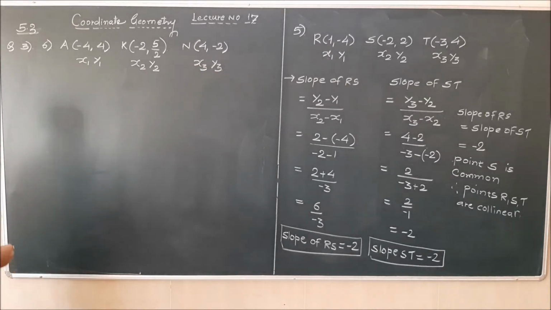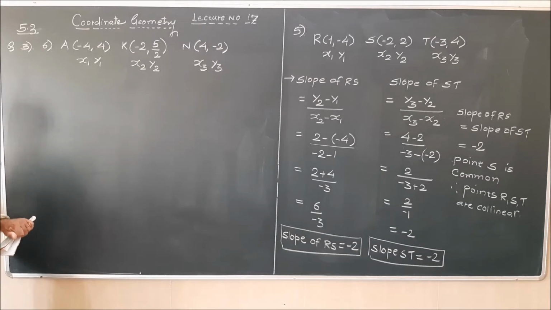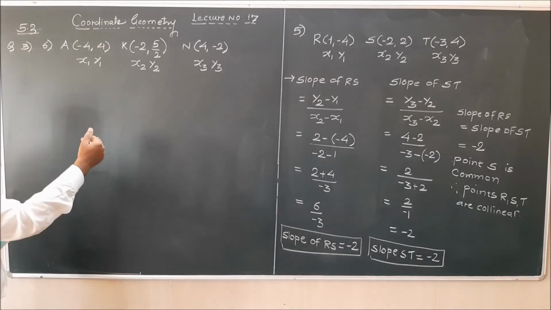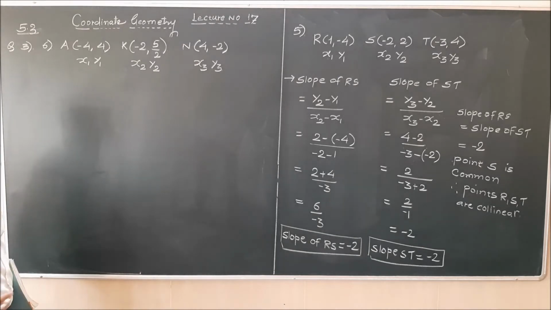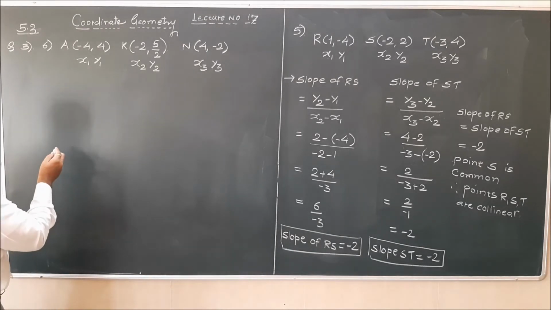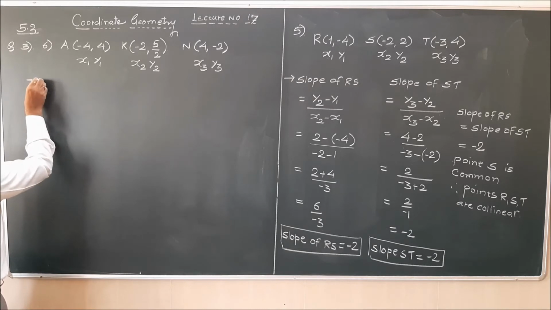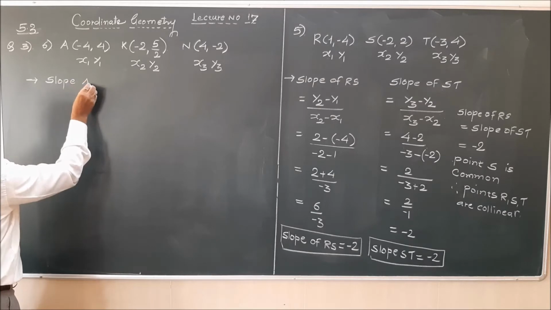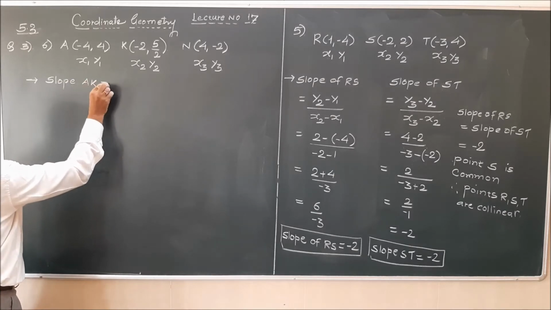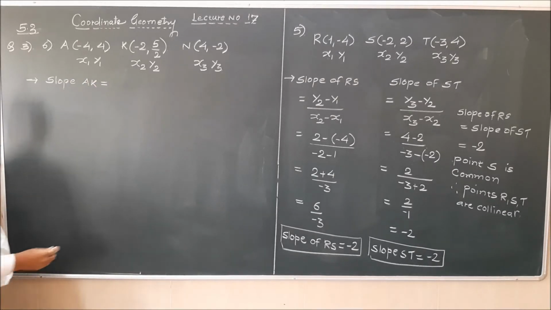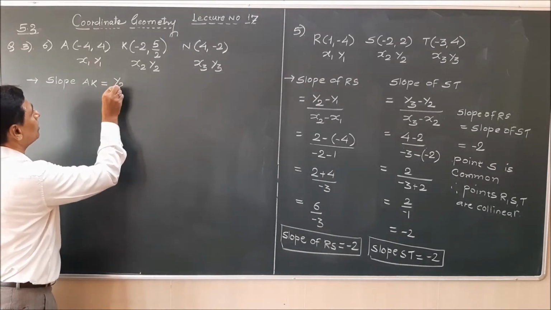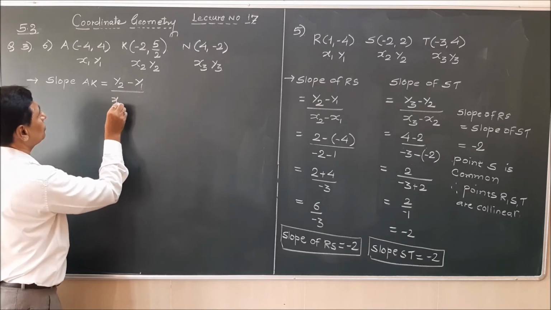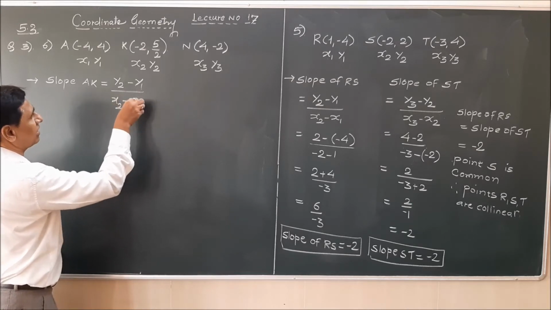Same way as all these sums. So first of all I'll find out the slope of AK, then I'll find out the slope of KN. So slope of AK is equal to y2 minus y1 upon x2 minus x1.